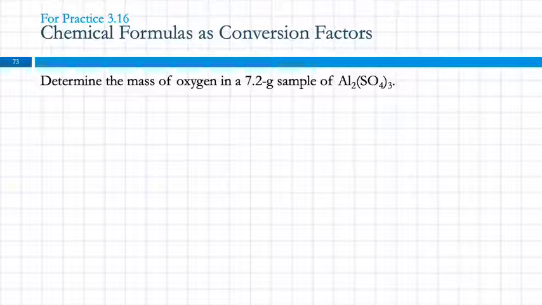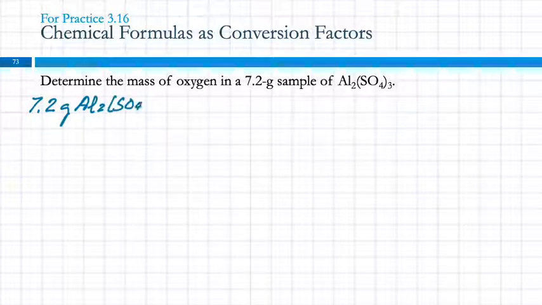So I've got one number here, 7.2 grams of the compound, Al2(SO4)3. And what do I want to find? Mass of oxygen. So probably grams of oxygen.